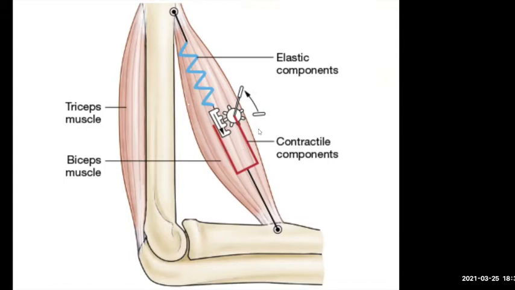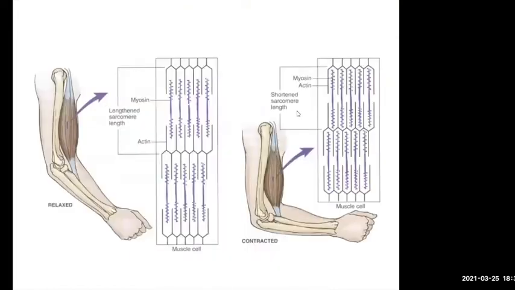But this is a sort of schematic of how that works, which we're going to see today. Because these little things over here are the actual ratchets, and whenever these slide up against each other and get shorter, that's going to cause an overall shortening. So you go from a relaxed state to a contracted state. And here we go, we're flexing at the elbow because your muscle pulled on here. So that's what we're going to be looking at today.